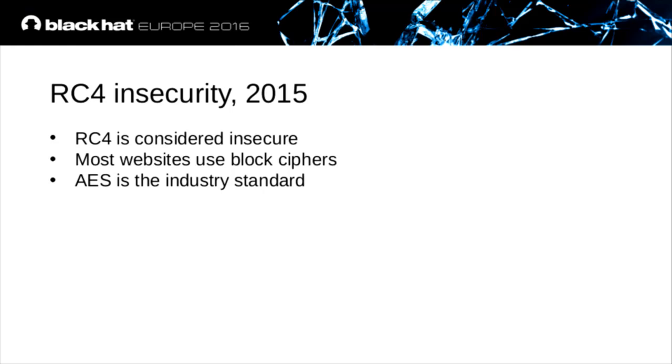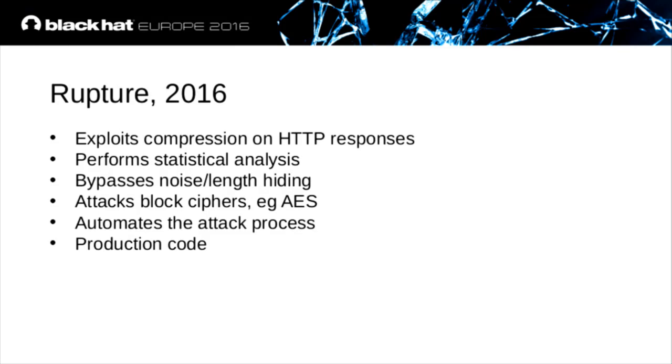In 2015, RC4 was considered insecure, and that's why most websites moved from stream ciphers to block ciphers, and now AES is the industry standard. RAPTOR in 2016 exploits compression against HTTP responses.